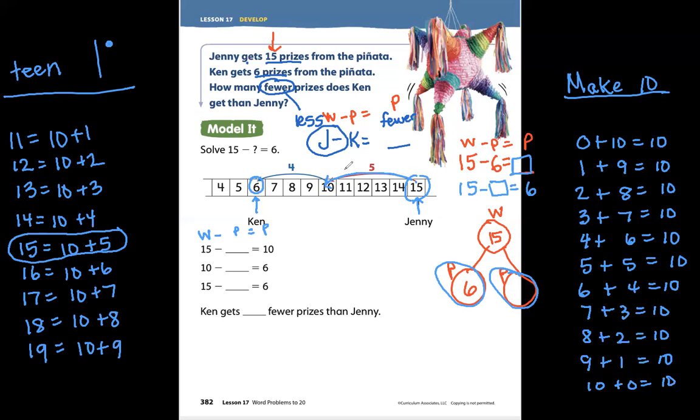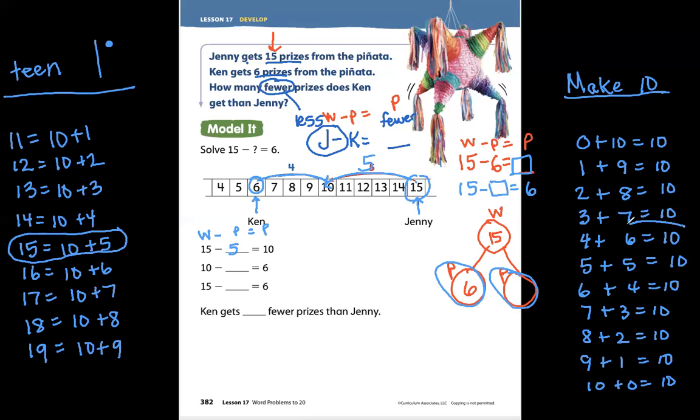So they jumped back 5, right? And then 15 take away 5 equals 10. But they didn't finish. They knew that Ken had only 6 candies. So then they jumped from 10 to 6.